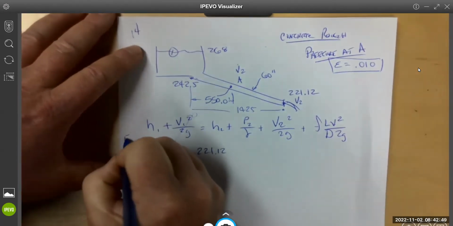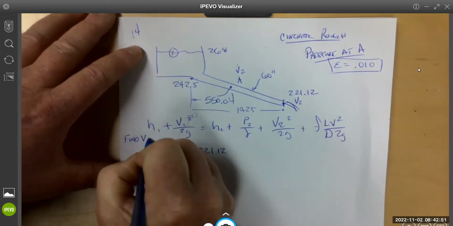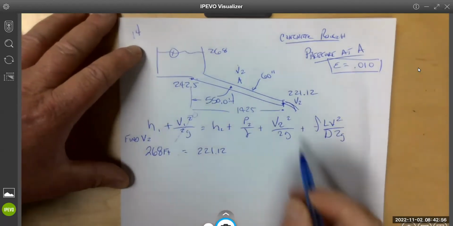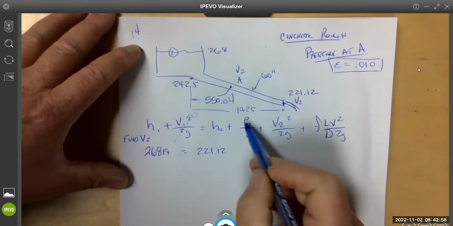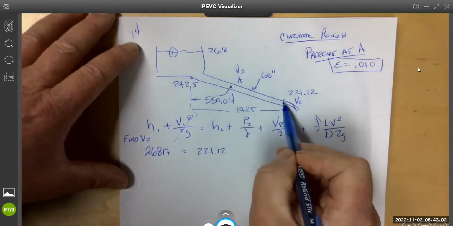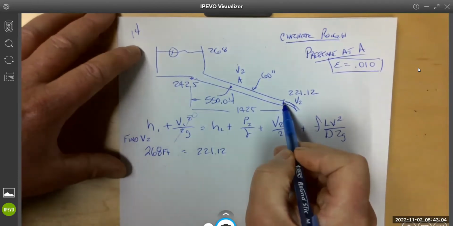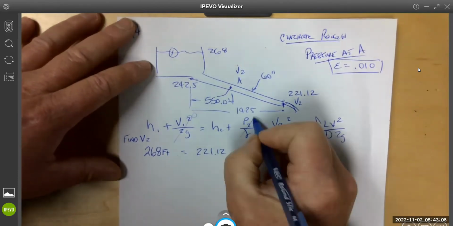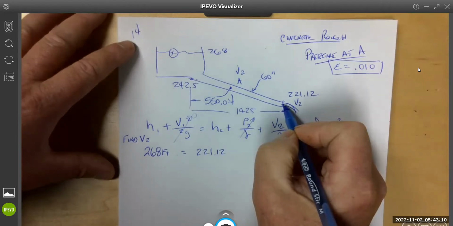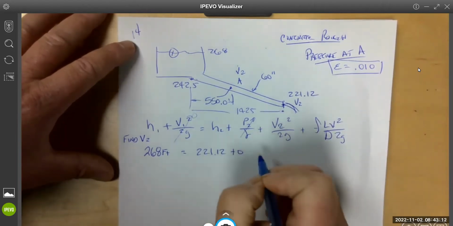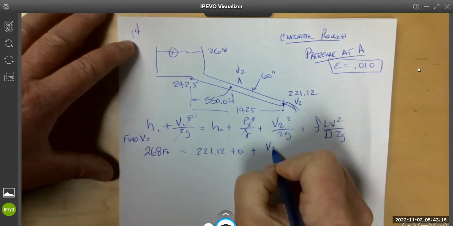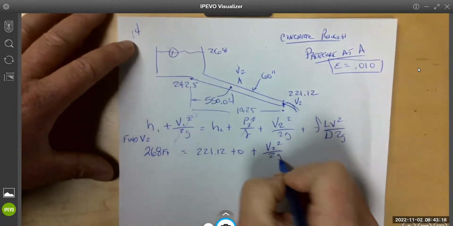Again, this is to find V2, because V2 is also here, and that eliminates that variable when I go for pressure. So we're working down here first to find V2. P goes away because I'm down here at the opening of the pipe, so I'm going to put in the +0 for that. I don't know V2, plus V2 squared over 2g.